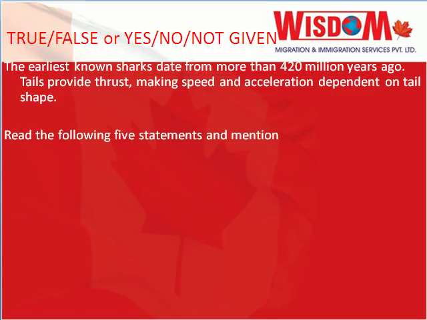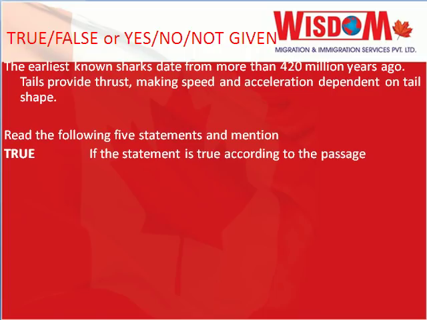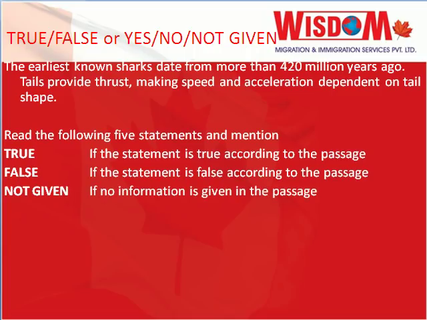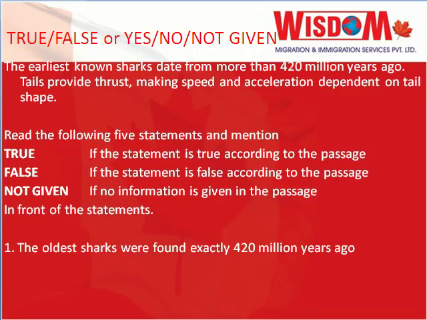Now read the following statements and mention true if the statement is true according to the passage, false if the statement is false according to the passage, and not given if no information is given in the passage. So our first statement is, the oldest sharks were found exactly 420 million years ago.